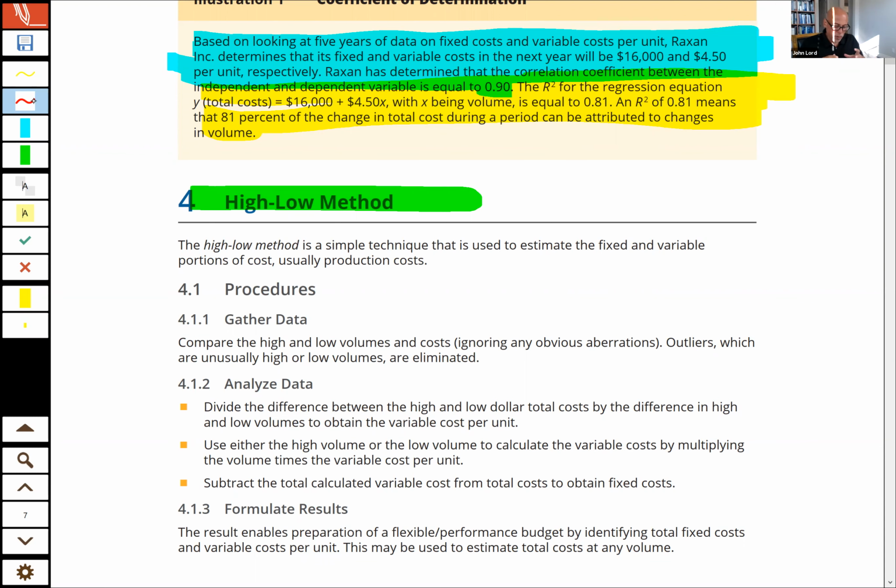So we'll come up with a predetermined overhead rate, right? And we'll use a somewhat inaccurate predetermined overhead rate if we're using the high-low method, which is not as sophisticated as regression analysis. What will be the outcome of that?